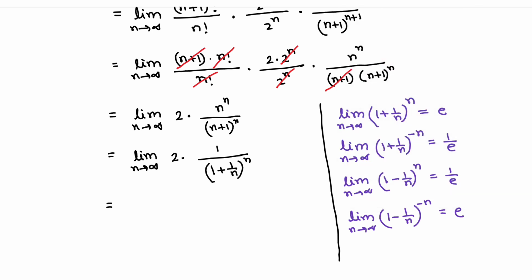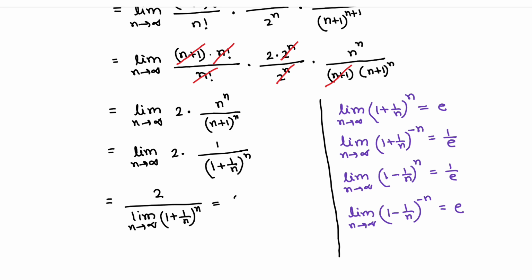Okay, so let's come here. So limit n tends to infinity, we can write this is equal to 2 by limit n tends to infinity 1 plus 1 by n whole to the power n, so obviously this is equal to 2 by e.